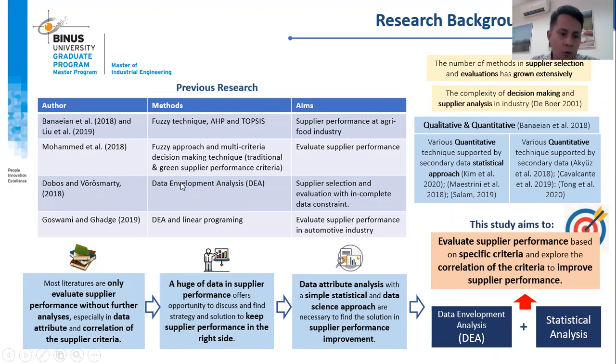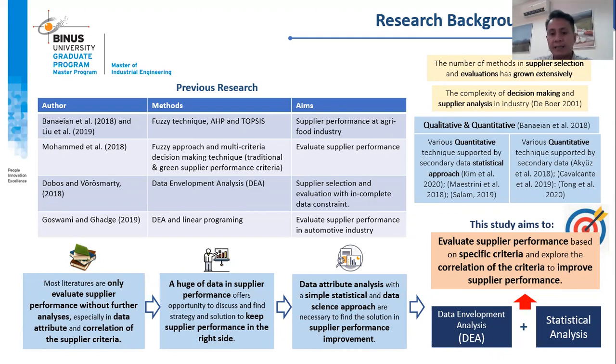We state that most literature only evaluates supplier performance without further analysis, especially of data attributes and correlation of the supplier criteria. A huge amount of data in supplier performance offers an opportunity to discuss and find strategies and solutions to keep supplier performance on the right side.